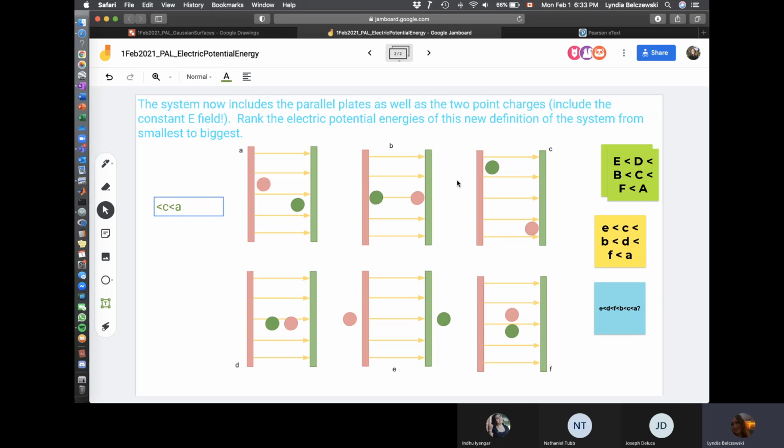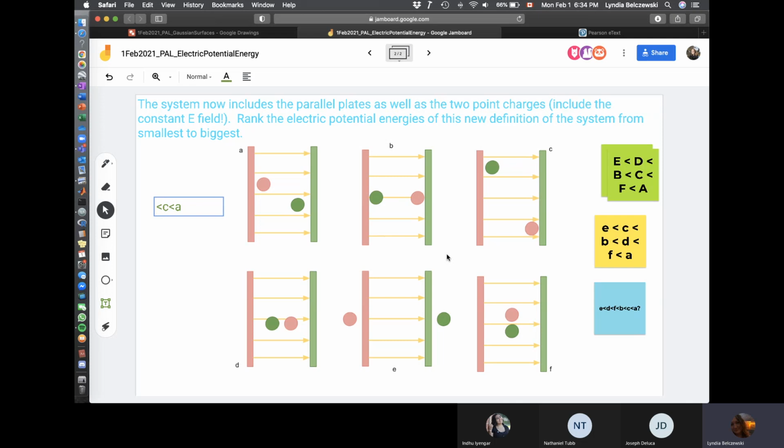F would, so I think that F has a lot of potential energy in the sticky notes here, but also B is ranked fairly high. F and B, again, you'd need more information to know for sure.